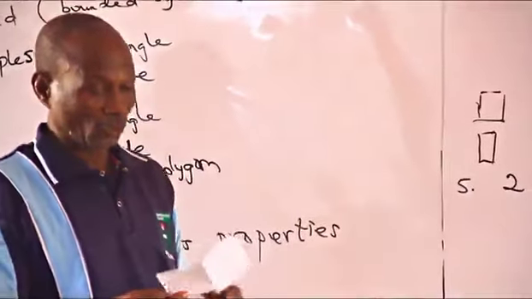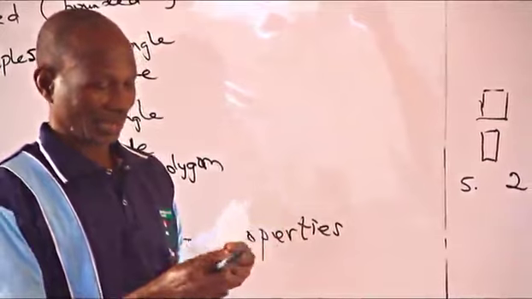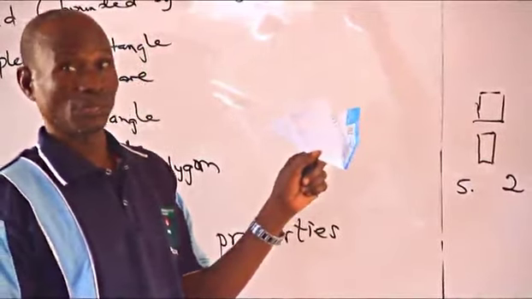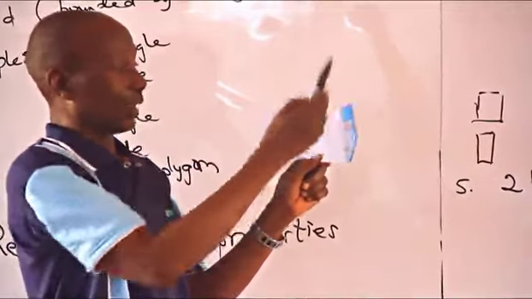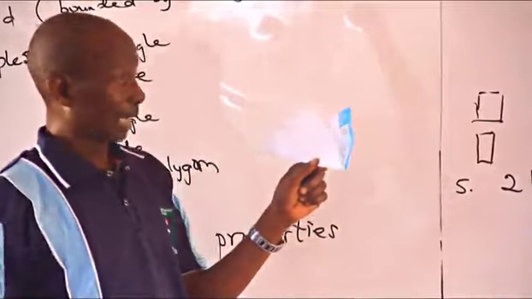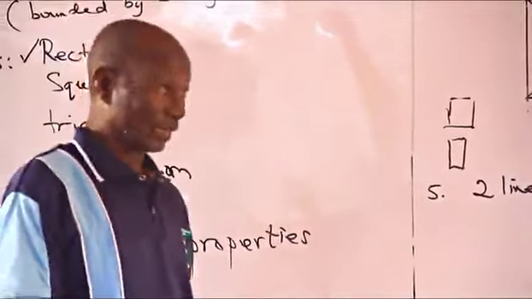If we try to fold it in another form, look at this one now. If I fold it through the diagonal, it will not give me a line of symmetry because we have the left over here and here. The sides do not match one another. So it has only two lines of symmetry.